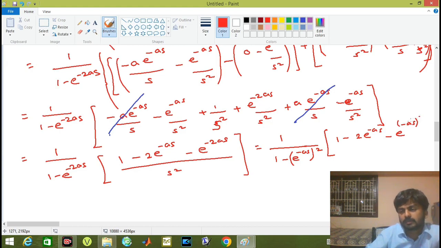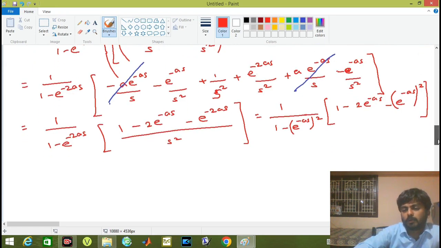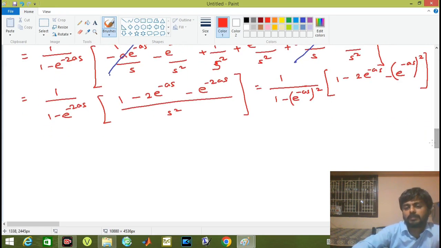Okay, e power minus as, e power minus as the whole square. So now the above expression will give you the following.